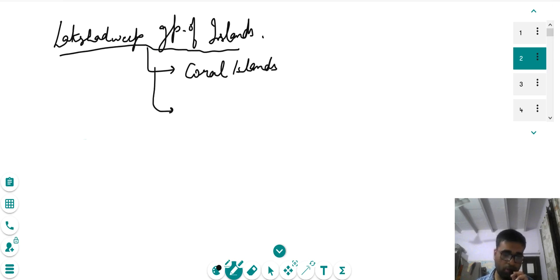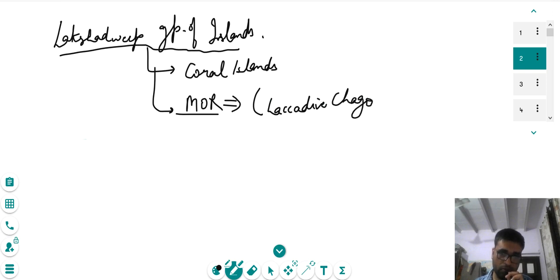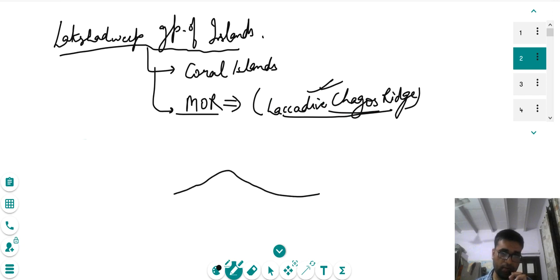The Lakshadweep group of islands is situated on a mid-oceanic ridge, and the name of this ridge is the Laccadive-Chagos ridge. When you study the Indian mid-oceanic ridge in oceanography, you come across this term LCR, the Laccadive-Chagos ridge. Upon this ridge there is coral accumulation.